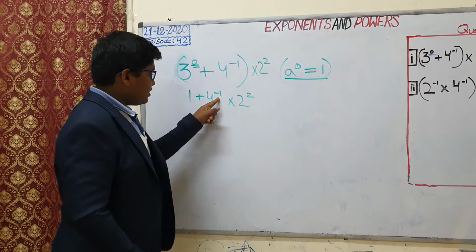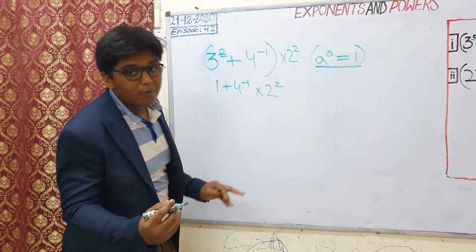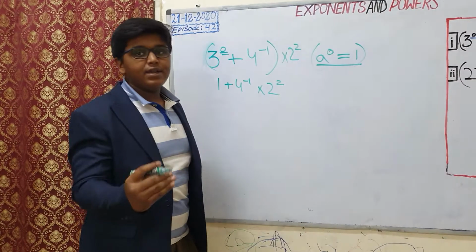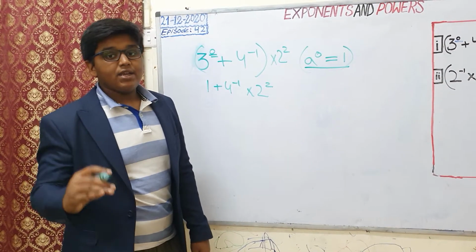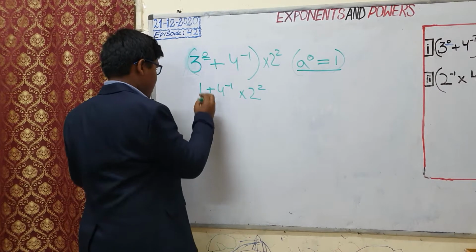Now here, for getting the positive power, we will use our old formula, which is a raised to the power n is equal to 1 by a raised to the power n. That was minus, then it will become plus.